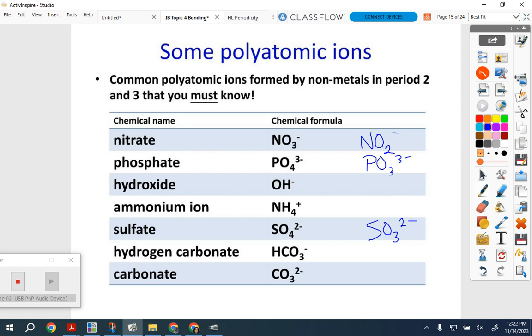And those are going to be the ites. So nitrite, phosphite, sulfite. So the ates have more oxygens, the ites have fewer. If you want to go beyond that, if you look at one of your old honors common ion charts, when you get into the chlorates, there's chlorate, there's chlorite, there's hypochlorite, and then there's perchlorate, because there are lots of different numbers of oxygens. Don't worry about having to memorize that or the names of those, but these are going to be the ites.